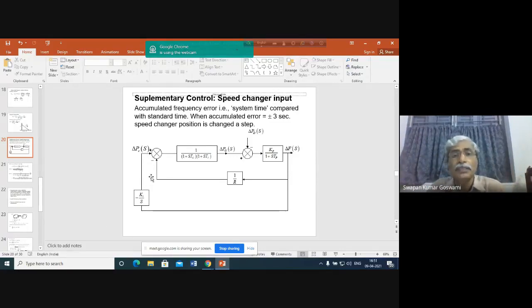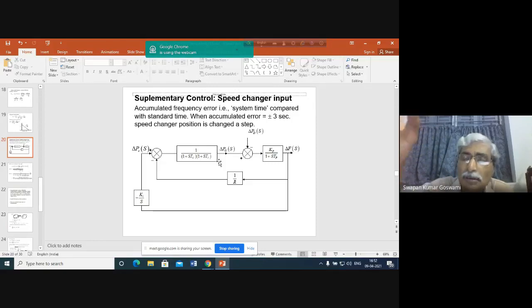In that power station where this supplementary control will be implemented, they run a clock. And that clock is run by the power system supply. So obviously the system frequency is responsible for showing the time on that clock, which is called the synchronous clock, because the synchronous generators are running at synchronous frequency.